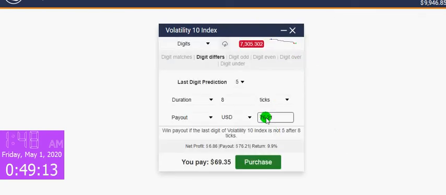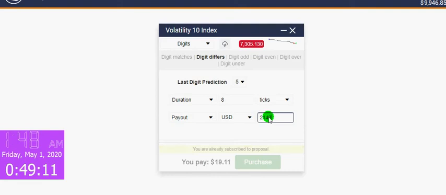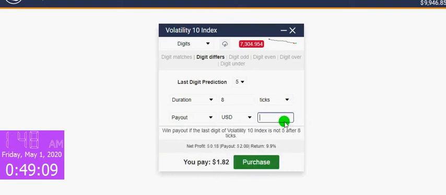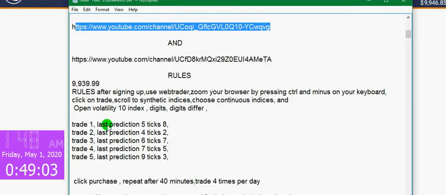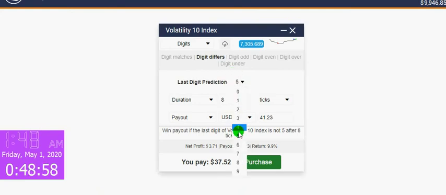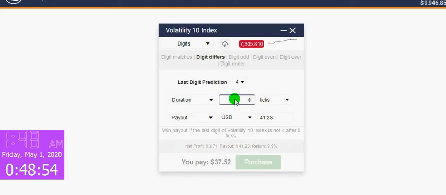We will trade 5 times. So I'll change this amount to 41.23, depending on what you have in your account. For the second trade, the last prediction will be 4, the tick will be 2. So when 17 shows up here in the last 3 numbers, we'll click on purchase.